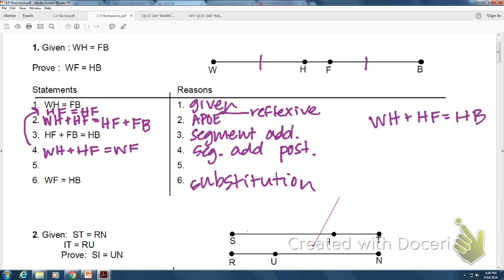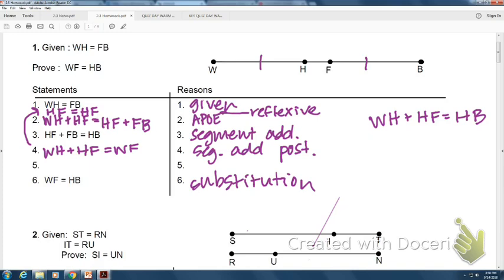So now we have WF equals HB because of substitution. That's why I put that step up here instead of down here, because it wouldn't make sense if I did it the other way. However, if you did it, it's not wrong. But I just think it's easier to follow if you put it in that order.